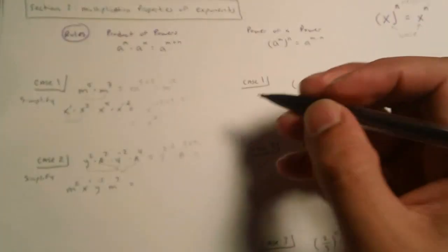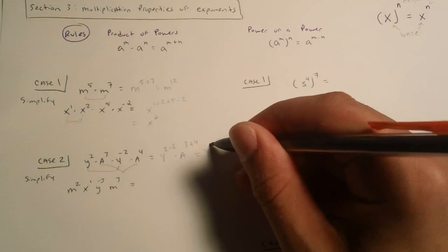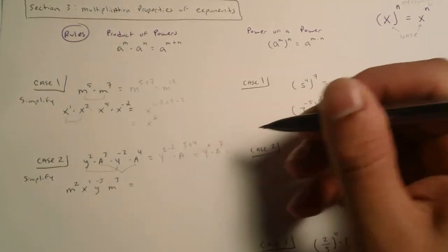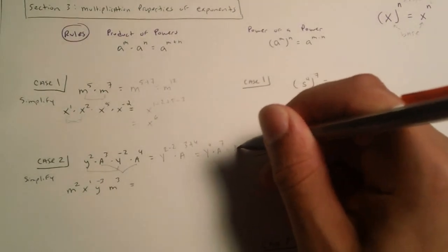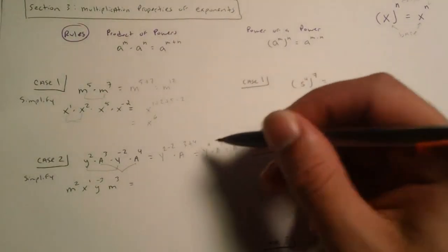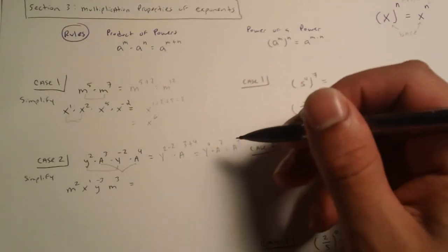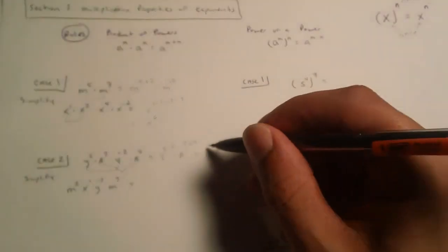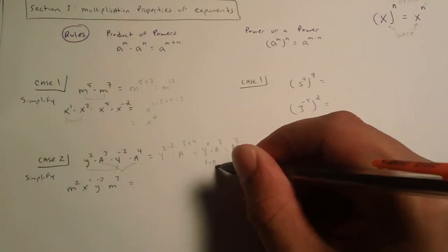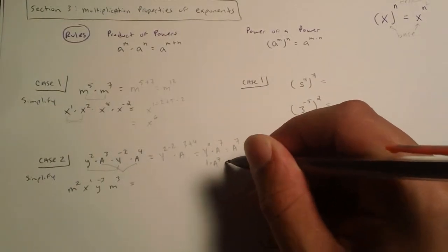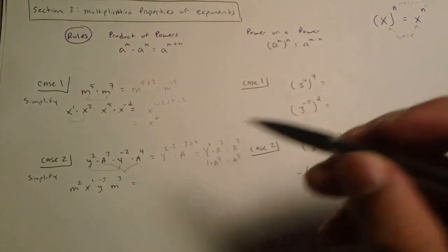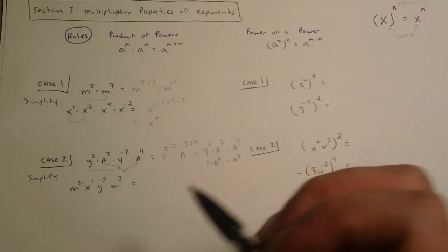Our final answer here would be y to the 0 times a to the 7, which is also equal to a to the 7, since we know that y to the 0 is always 1, and 1 times whatever is always whatever. So 1 times a^7 equals a^7.